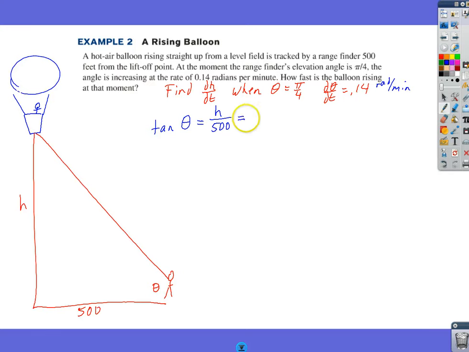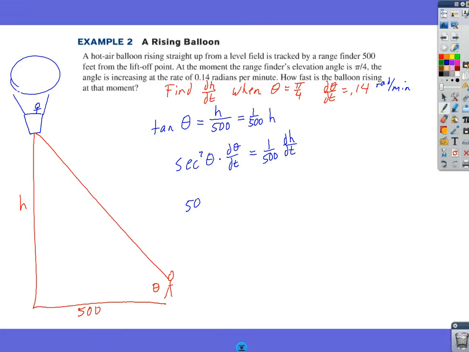Before I do that, I can rewrite this to make it a little easier to see, as 1 over 500 times h. So when I take the derivative, the derivative of tangent theta is secant squared theta, but theta is a variable, so I need to go in there times d theta/dt, which is equal to 1 over 500, derivative of h is 1, but it's a variable, so dh/dt. Now I want to solve for dh/dt, because it's somewhat easy.